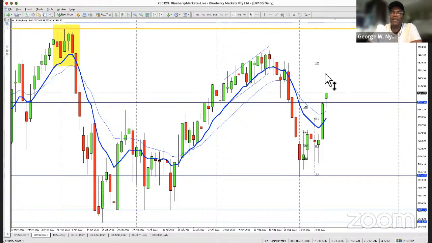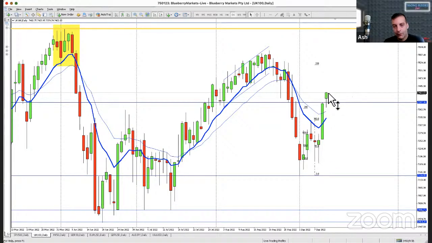Until we get that, I'm expecting failure of sorts to come back and test the 20 EMA or the 10 EMA. And if off these EMAs they give us a low test, a hammer, let's say, look at this candle here. As it is now, if we had a pullback to the EMAs and the candle ended up like that off the EMAs, then definitely you're going to have to just buy. That's what I'm looking for.